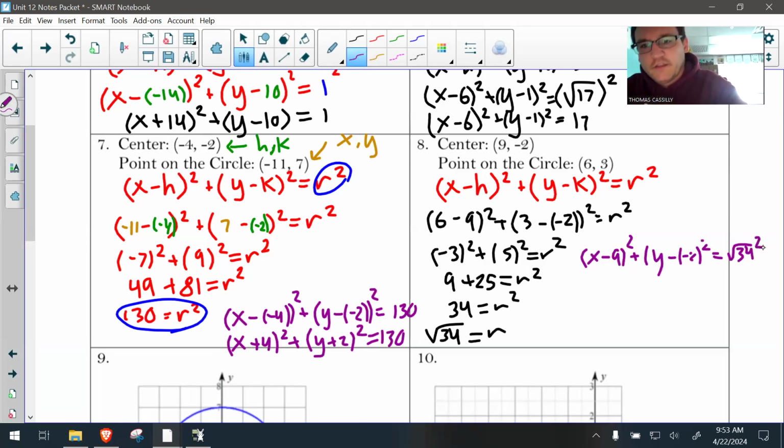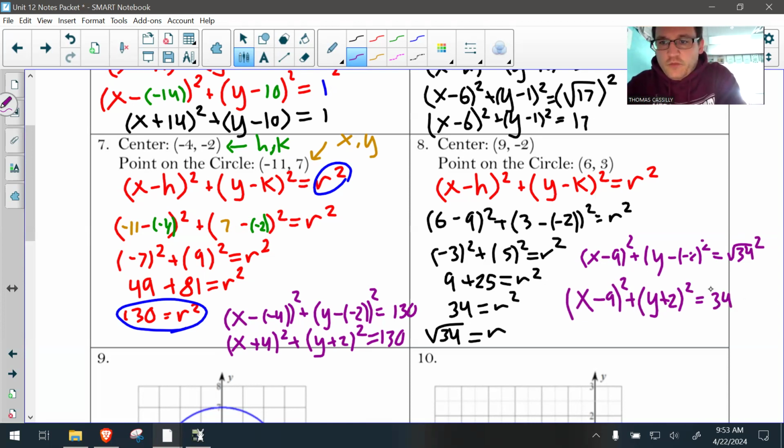And then again, cleaning that up, x minus 9 squared plus y plus 2 squared equals 34. Right? And it should, right? The r squared was 34. That's what we got here. Right? So that is the equation of the circle centered at the point 9, -2, and has a radius squared of 34. Right?